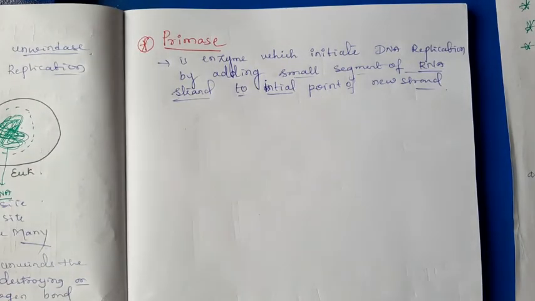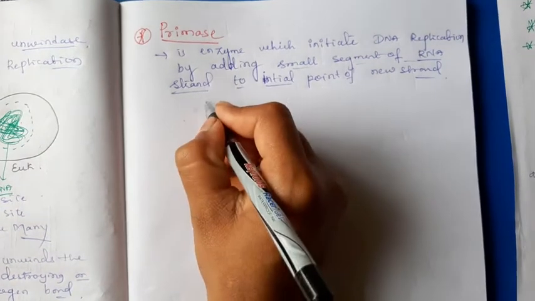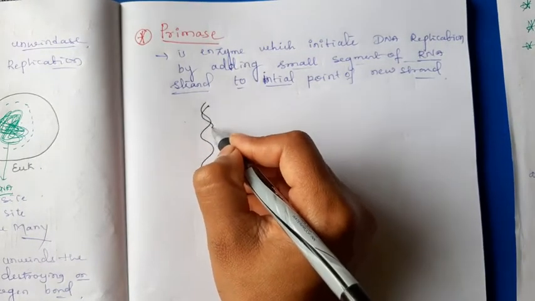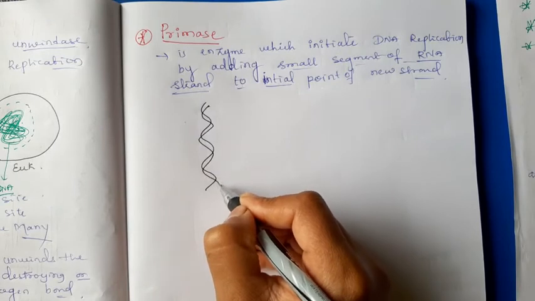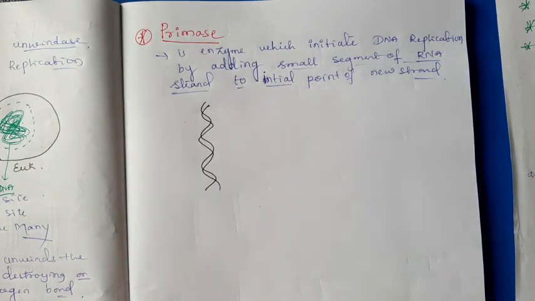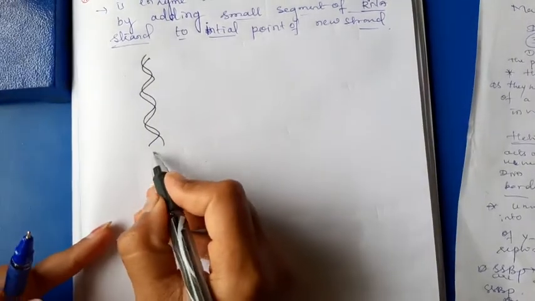You know that the DNA replication which takes place is complementary to the template strand. Here again I will draw. Consider this is the parental DNA. During the DNA replication, the strands are going to get separated.